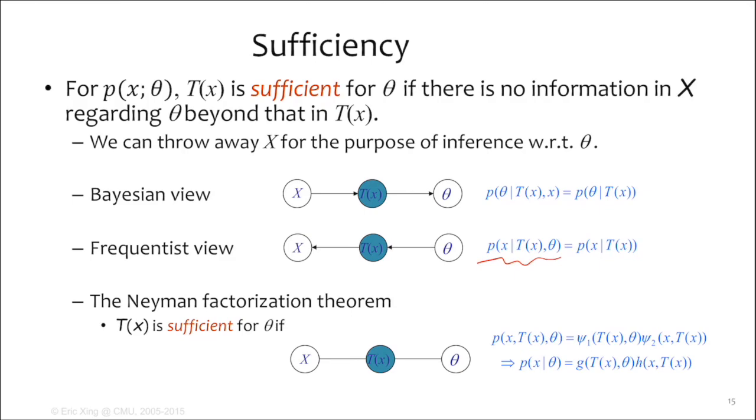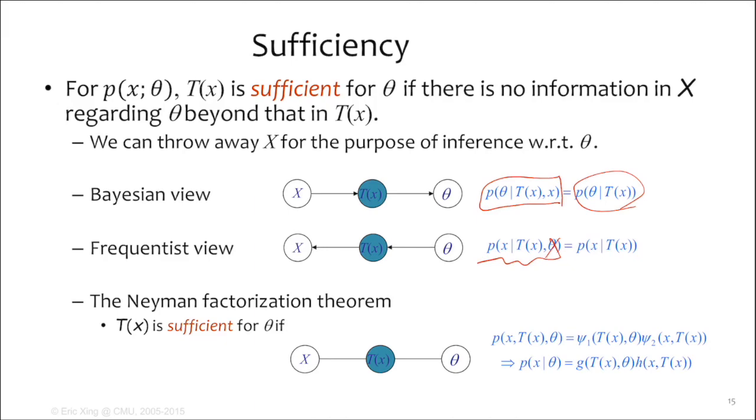You can view it as an information bottleneck. You can have all of this information about x compressed into a lower dimensional representation called T(x) that does not grow with your data. And if you know that, the distribution of p(x given T(x)) does not depend on theta if you are a frequentist. And if you are Bayesian, you say that the posterior distribution only depends on a sufficient statistic. You don't need to know the data.